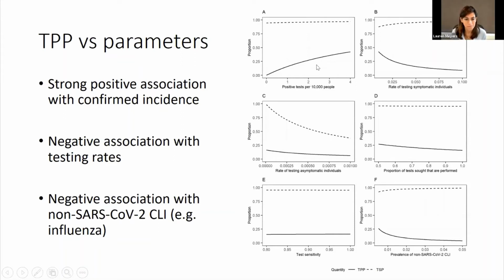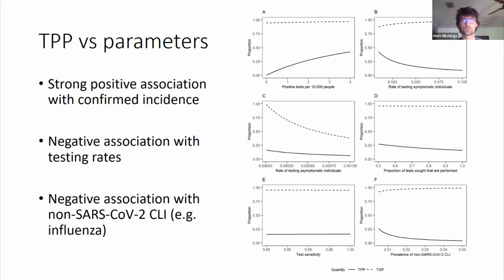Right. The other thing to highlight is these two panels B and C, which are the rate of testing among symptomatic and asymptomatic individuals, and how those look in relationship to TPP. What we see is if you increase testing in either group, you expect to decrease the TPP, holding other parameters constant.